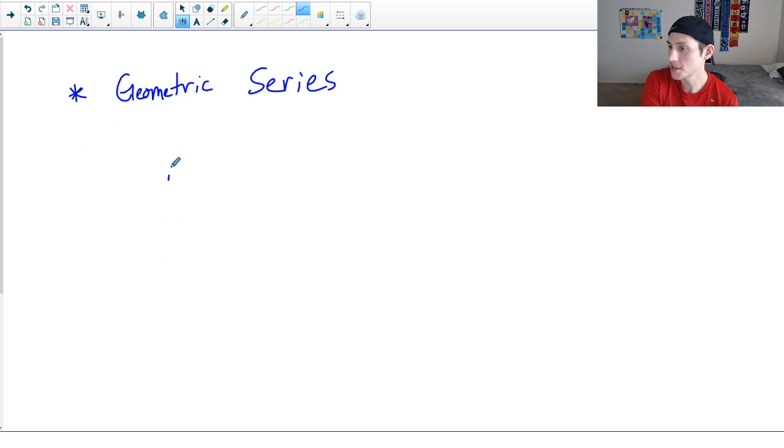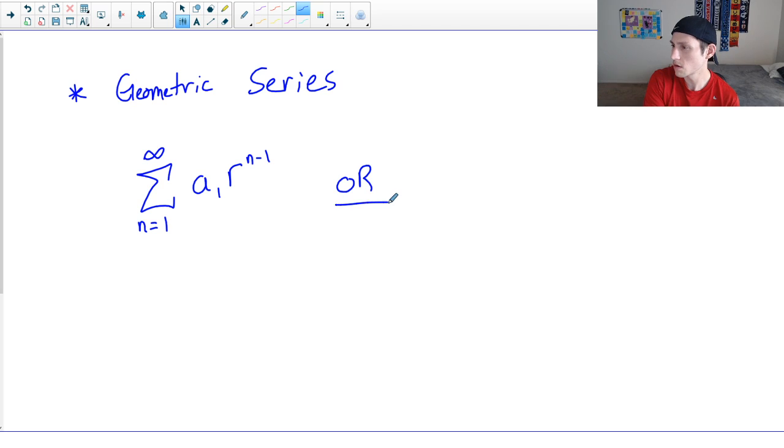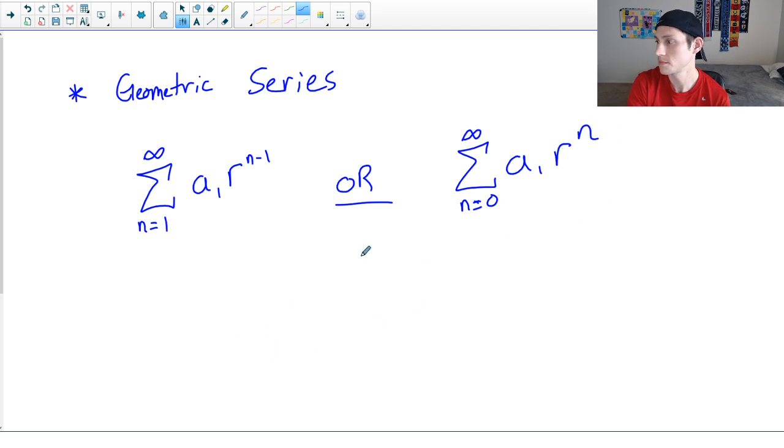For a geometric series, there can be two forms. It could either be this times r to the n minus 1, or the other form.